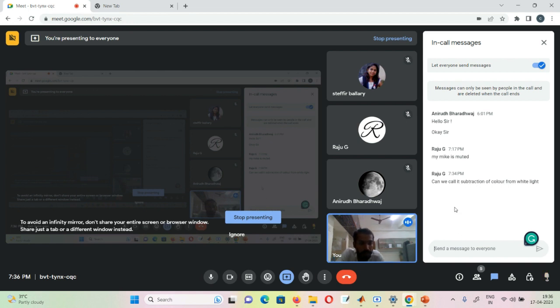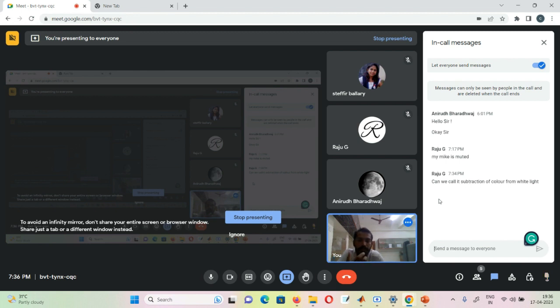This is the question which is coming now. Can we call it subtraction of color from white light? Yeah, you can call it that, there is no problem, because white light is composed of different components.